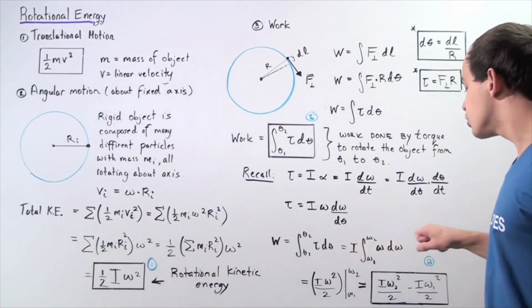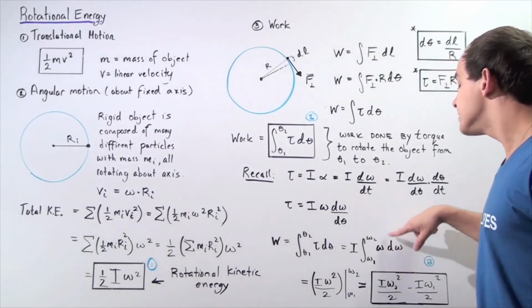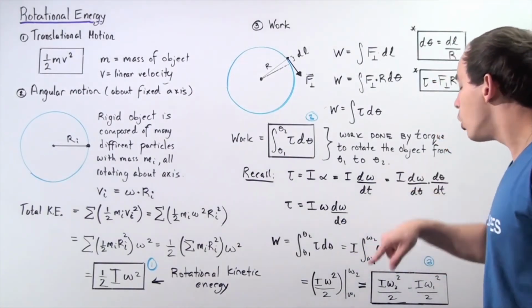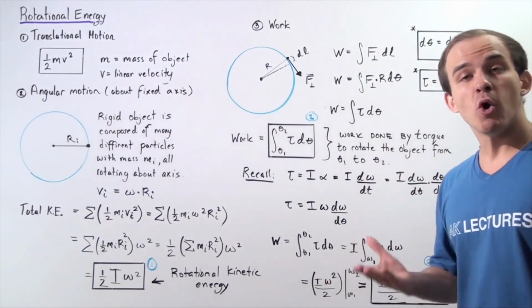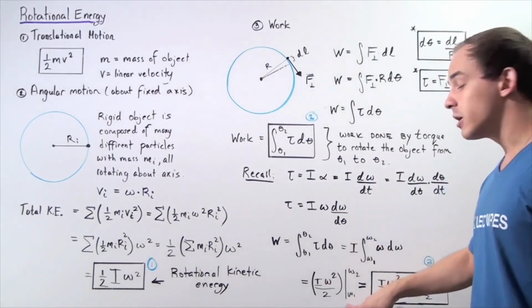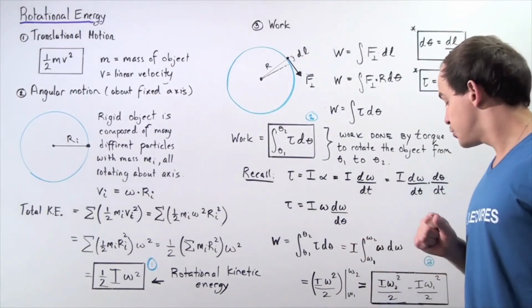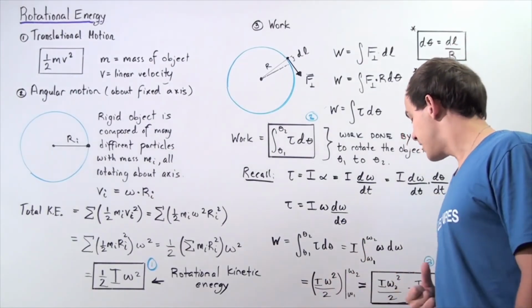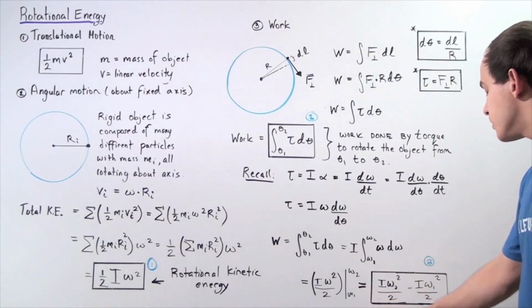So we take the integral, we get angular velocity squared divided by 2, multiplied by I, our moment of inertia, from omega 1 to omega 2. So we evaluate the integral and we get the following result.